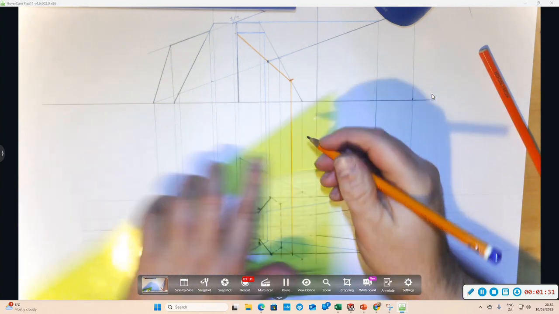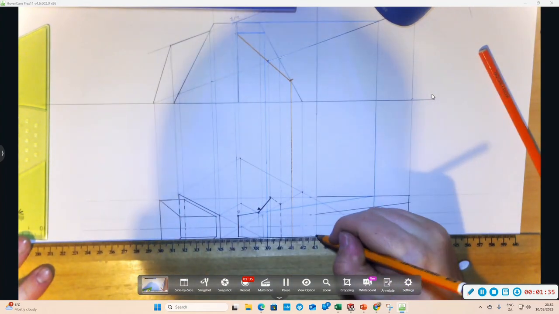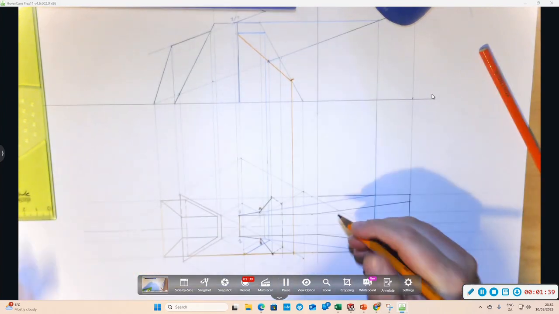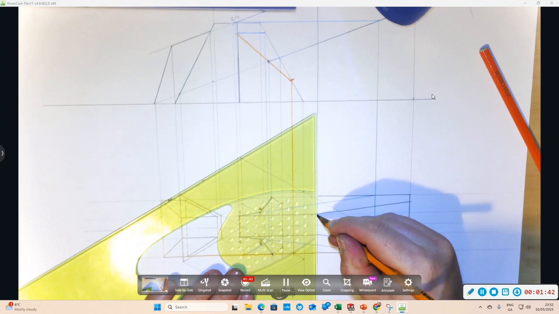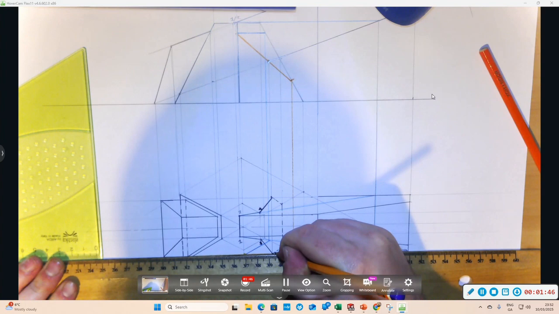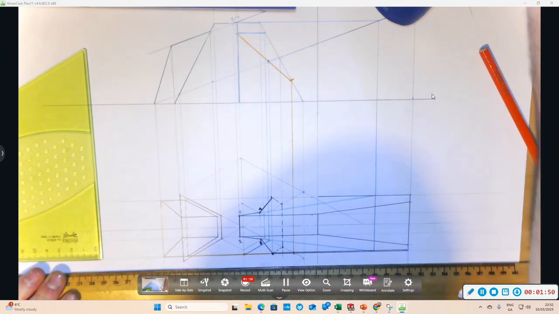And then we can draw 1 over here, 2 over, can join this to here. I'm off a little bit with my accuracy there. My pencil moved up.